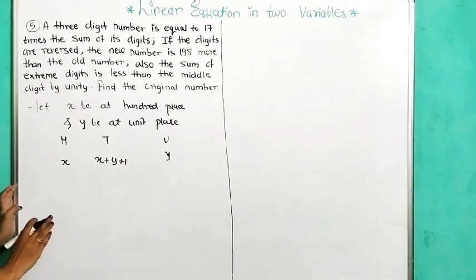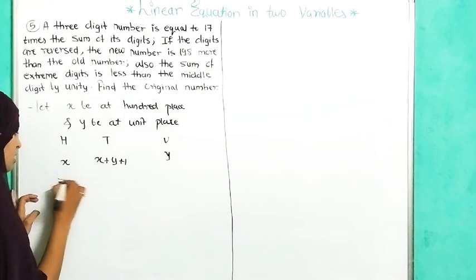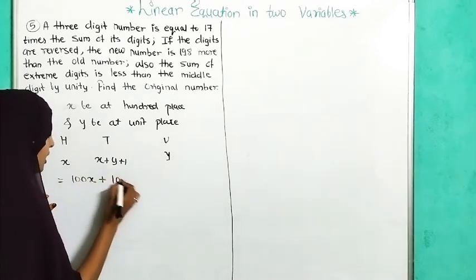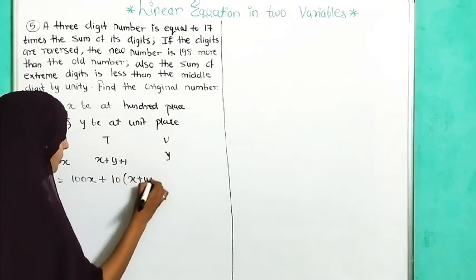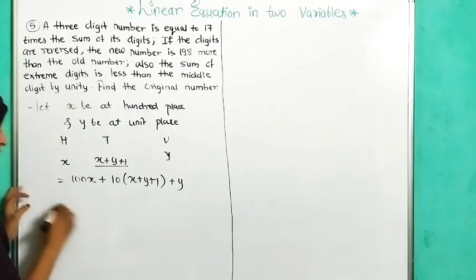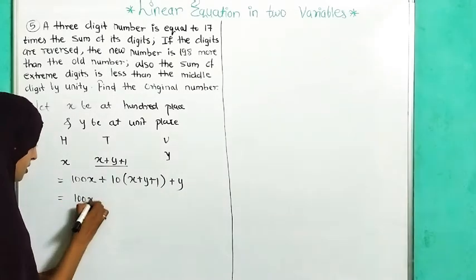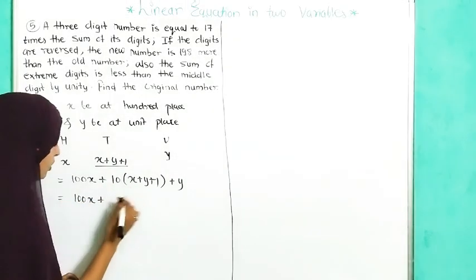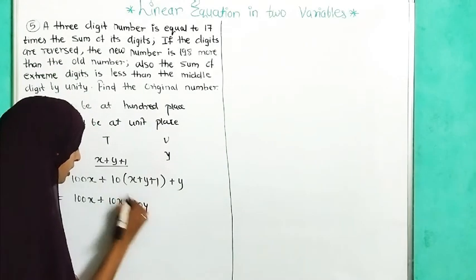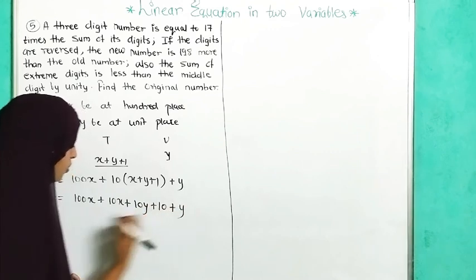Now, considering the 3-digit number, it is 100x plus 10 into (x plus y plus 1) plus y. Then 100x as it is, plus 10x, plus 10y, plus 10 into 1 which is 10, plus y.